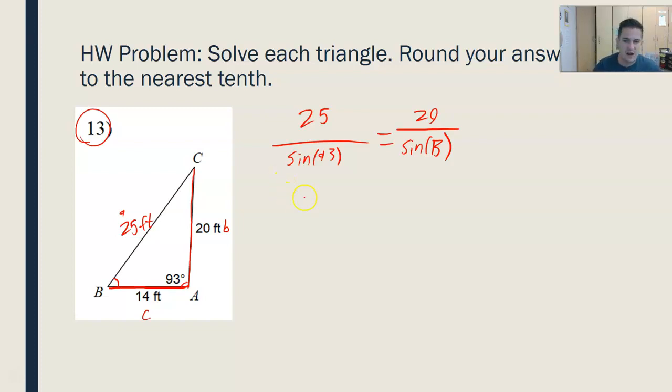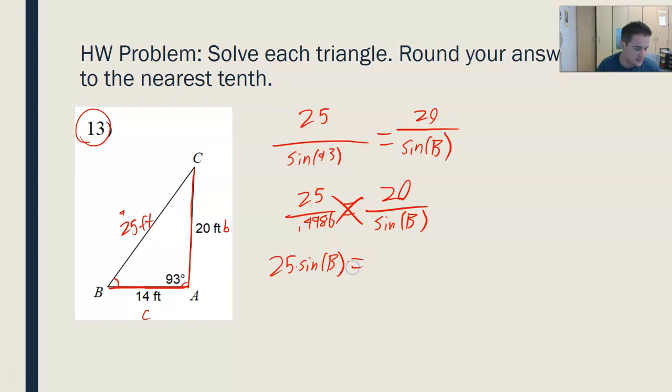So the sine of 93, I'm going to write that as 25 divided by 0.9986 equals 20 divided by the sine of b. And then I'm going to cross multiply so I can get b by itself here in a minute. 25 times the sine of b is equal to 20 times 0.9986, which is 19.97. I'm going to divide by 25 on both sides.